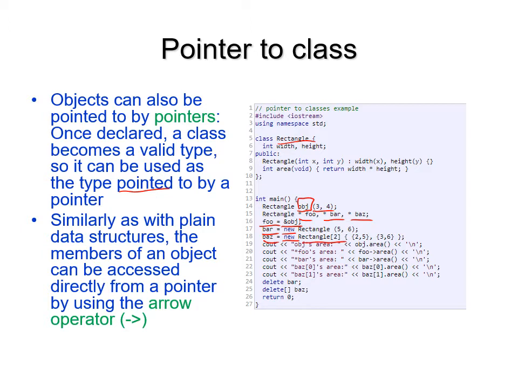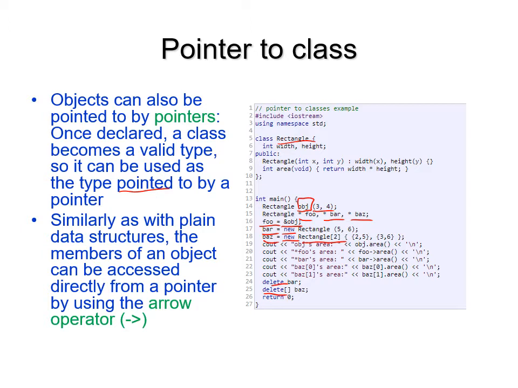Okay, so it can be accessed by putting a 0 or a 1 into the square brackets. Okay, so at the end, please remember to delete the objects you have dynamically allocated in order to release the memory for later use.